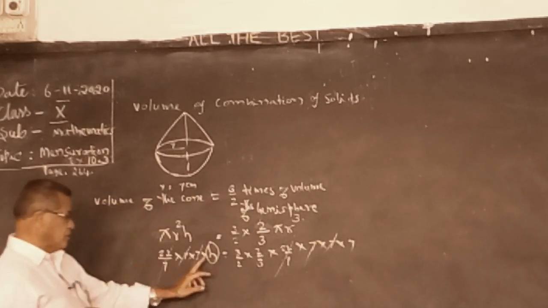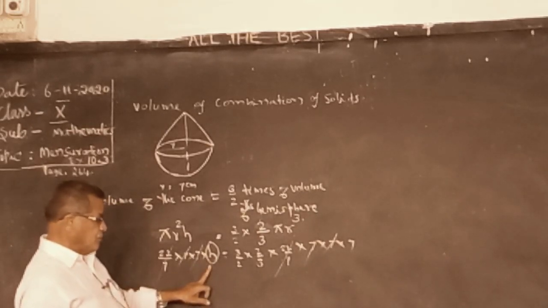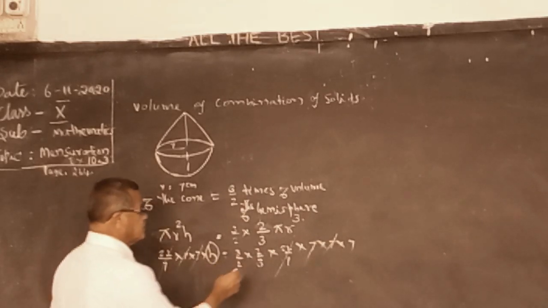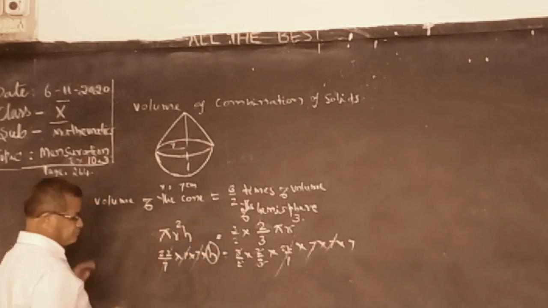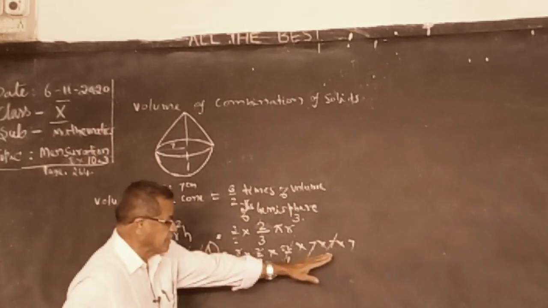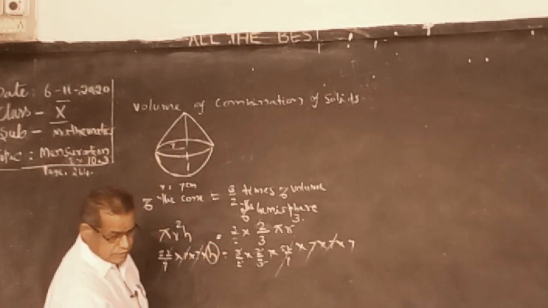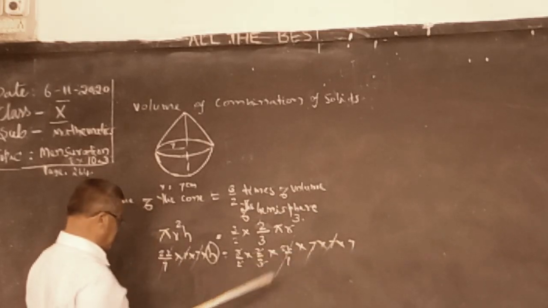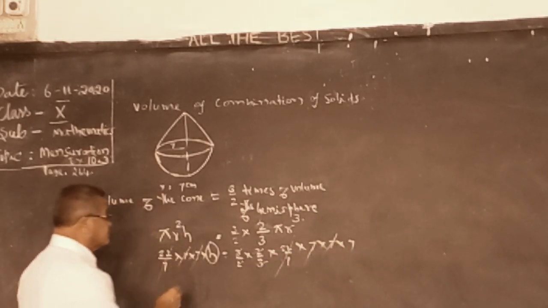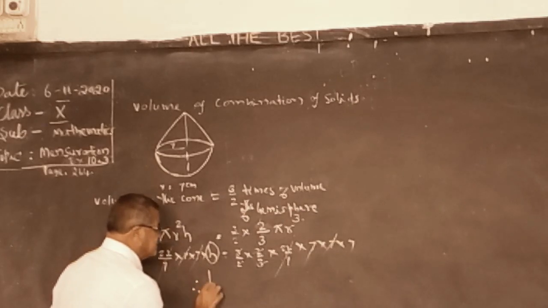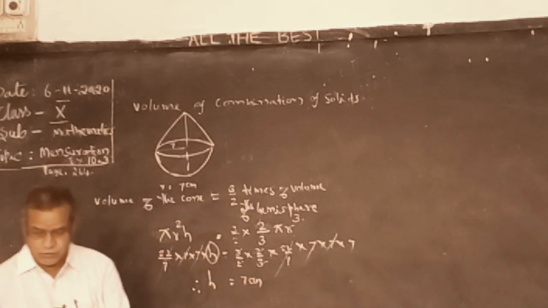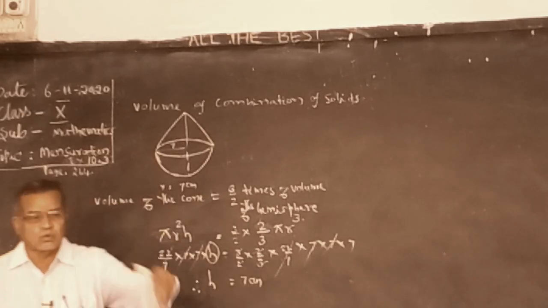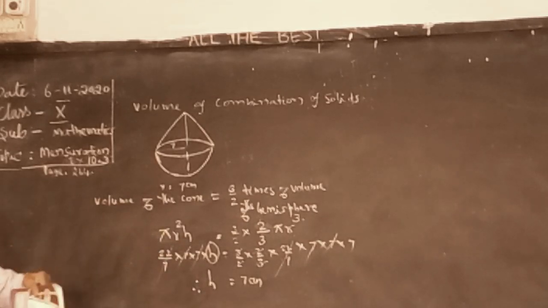Then 3 and 2 cancel, and only 7 is left on the right side and only h on the left side. Therefore, h is equal to 7 centimeters. Therefore, the height of the cone is 7 centimeters.